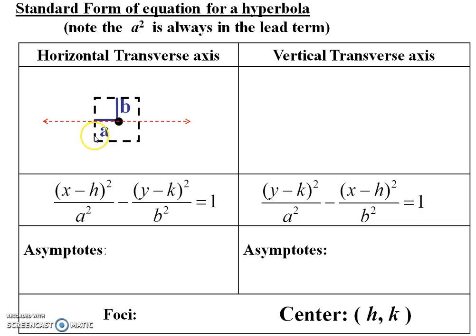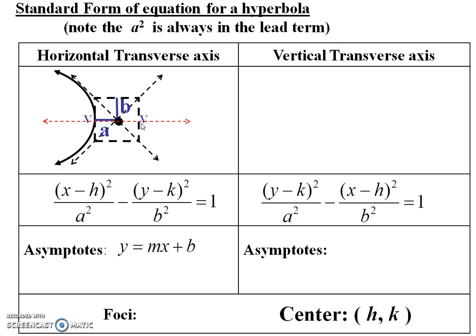Then when you use a ruler and line this up, your asymptotes are lines going through the corners of this box and through the center. That allows us to stay within the lines to draw our branches. Each of these points right here would be the vertex points.